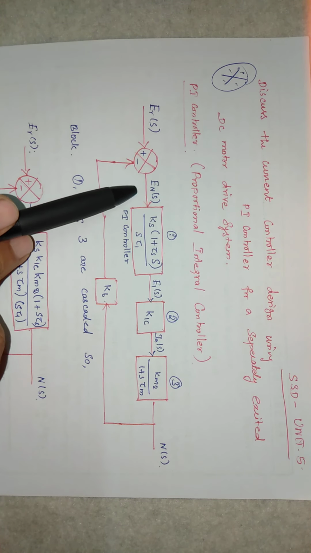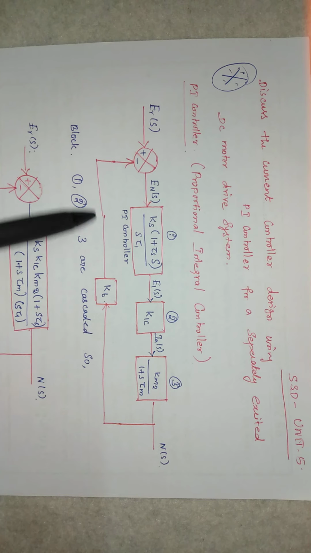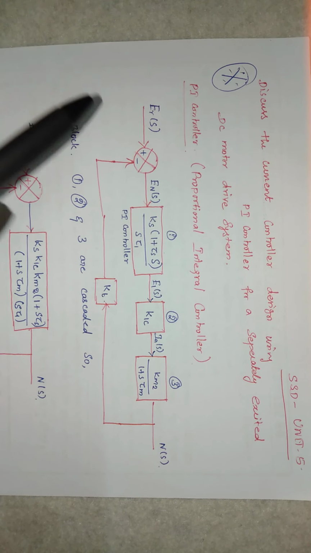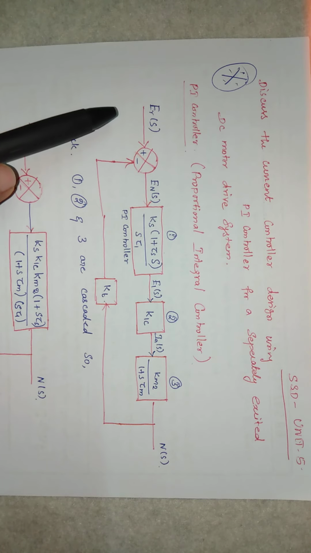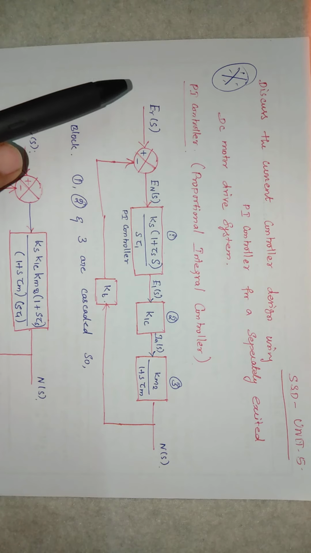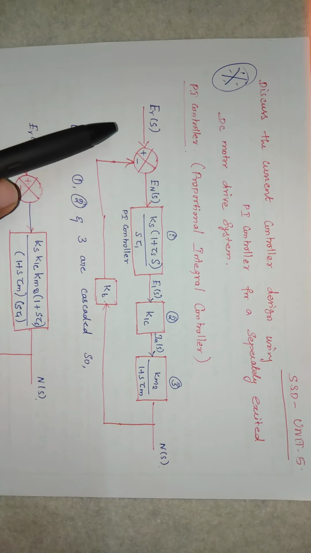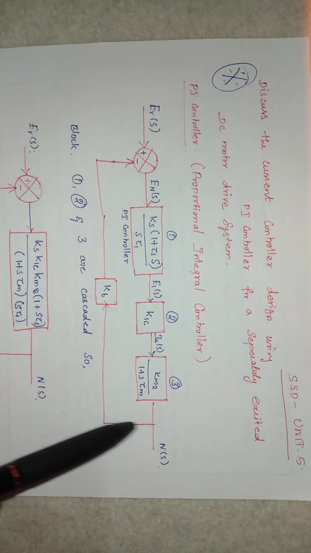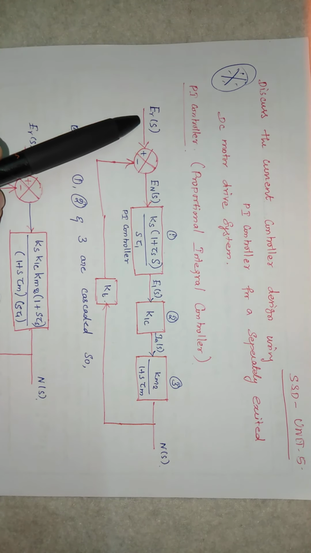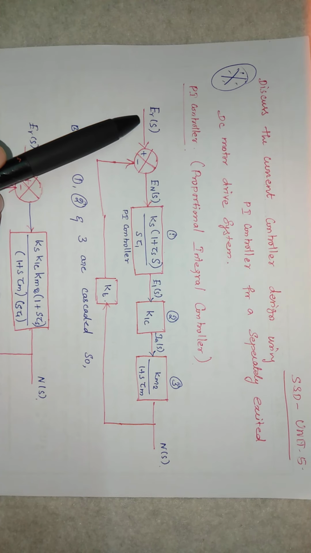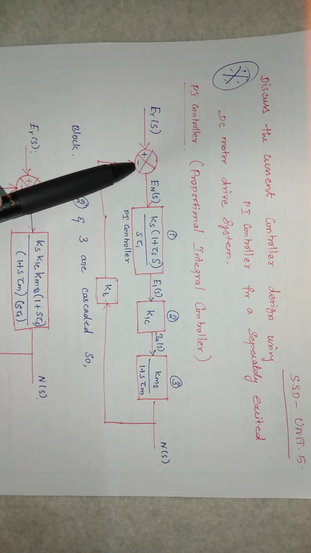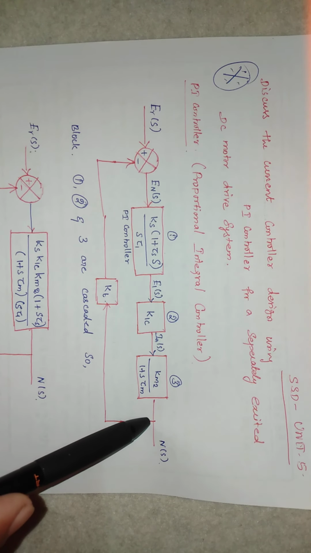For example, if the machine runs at 1500 rpm, but the user needs it to run at only 1200 rpm, there is minus 300 rpm, so the speed should be reduced.